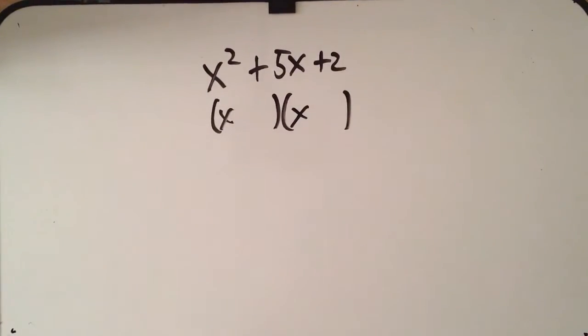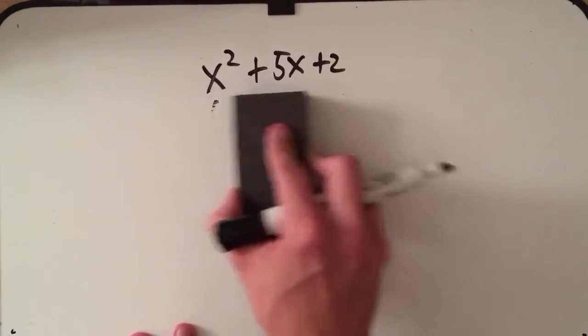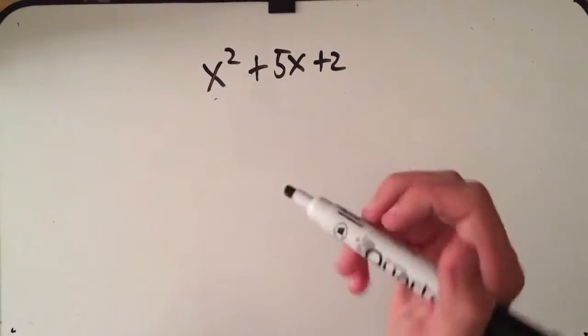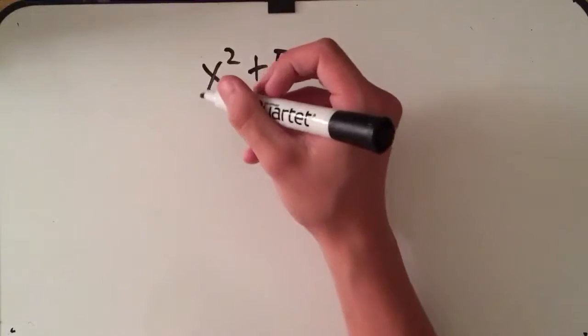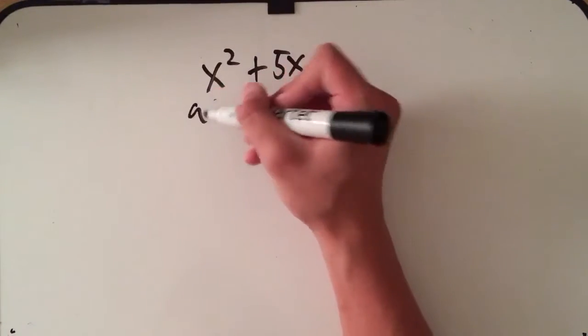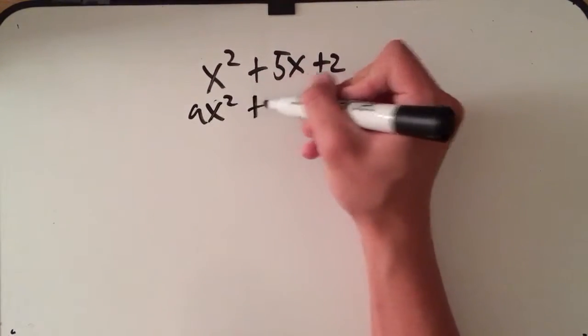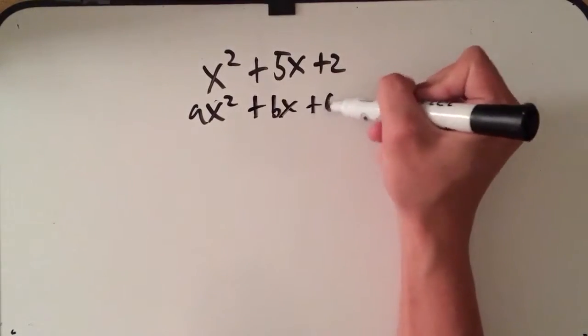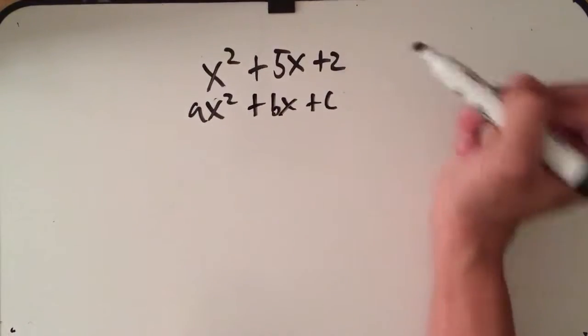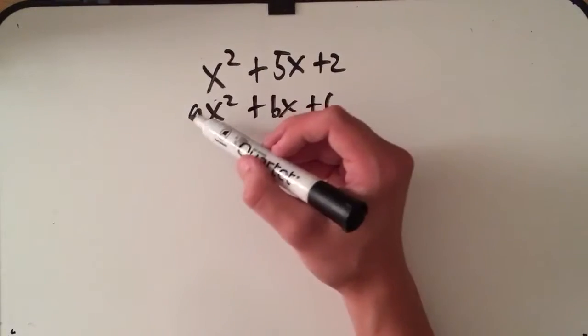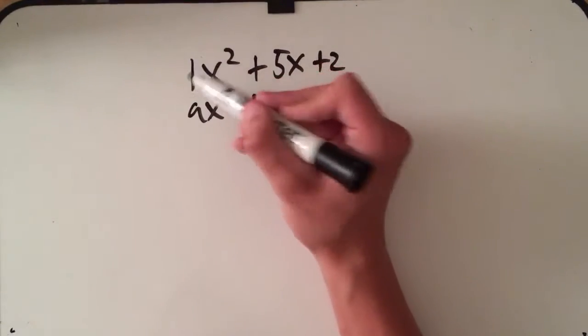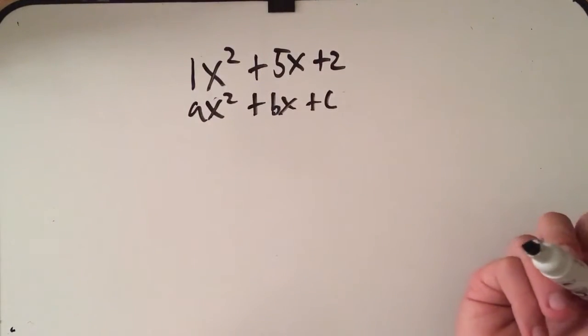So there's another formula you can use. It's called the quadratic formula. So what you need to know is ax squared plus bx plus c. The c is the 2, the b is the 5, and then the a would be 1 in this case because there's nothing in front of the x.